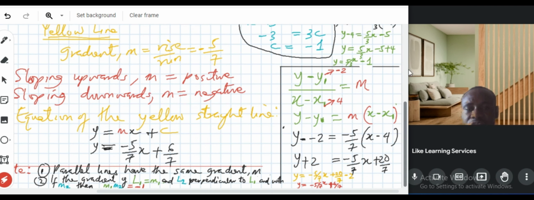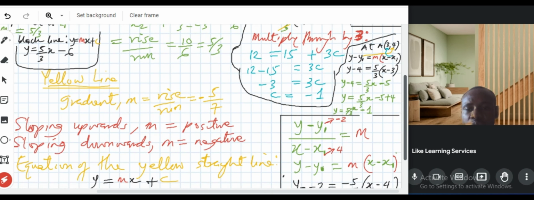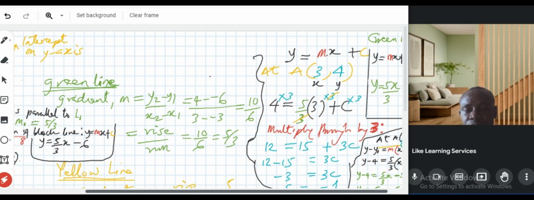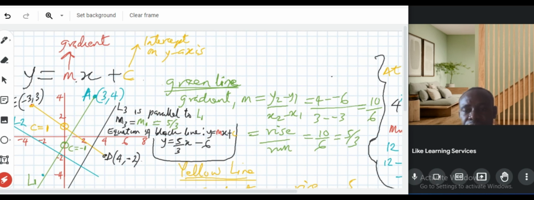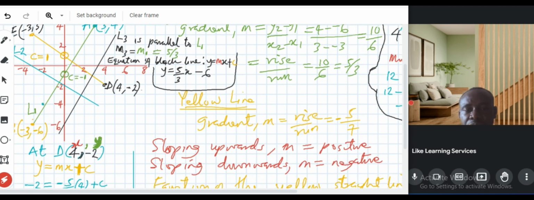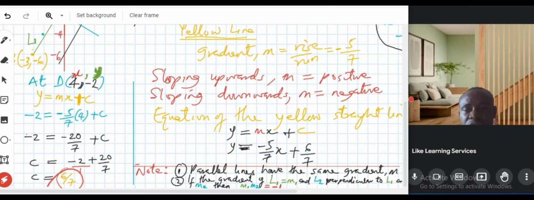For instance, for this yellow line, we found the gradient to be minus 5 over 7. m is minus 5 over 7. And we found the intercept to be 6 over 7. c is 6 over 7.